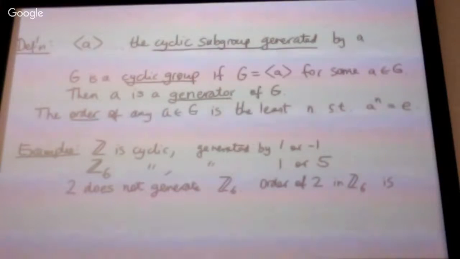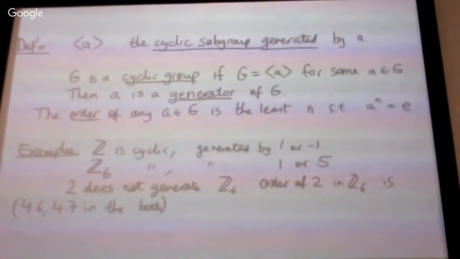What else? There are some other examples. Have a look at examples 4.6 and 4.7 in the book. I'll add one, which is D4, the symmetries of the square.